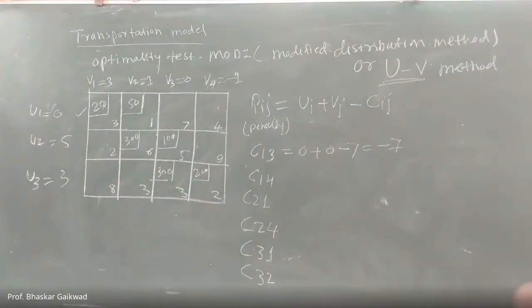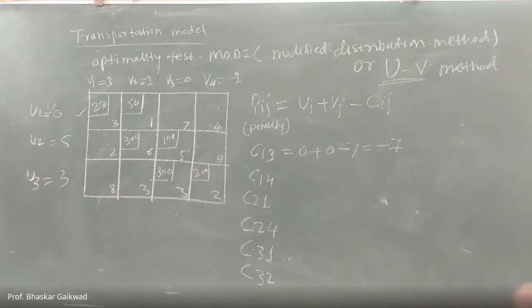Are you getting how to calculate C13? U value you can take from the left side, V value you can take from the column top side, Cij value you can take from the unallocated cells, and make their plus and minus, you will get the answer minus 7.